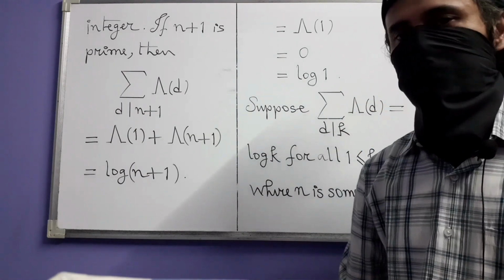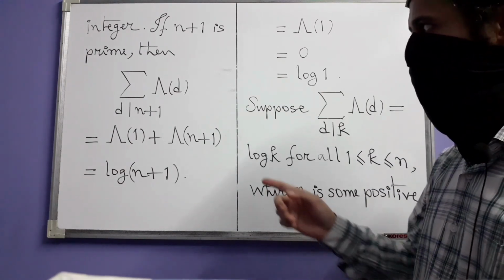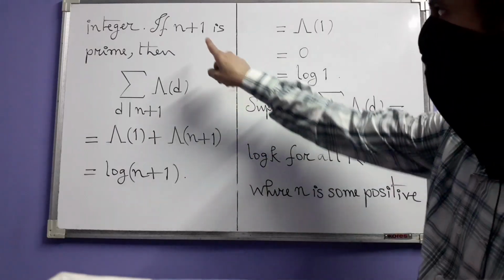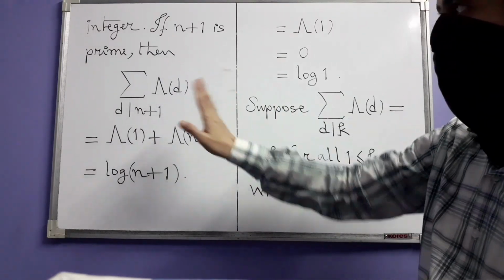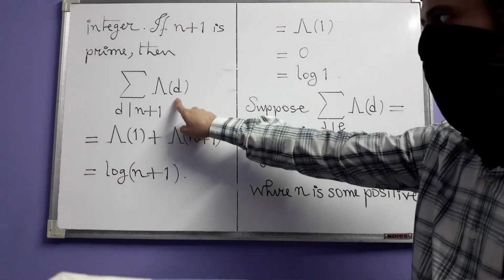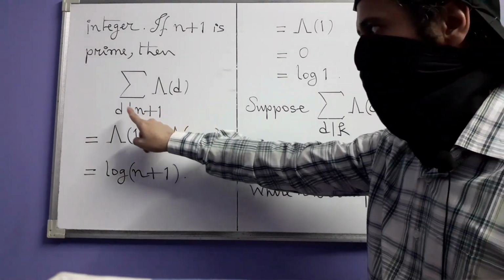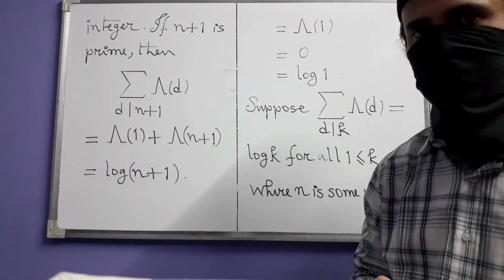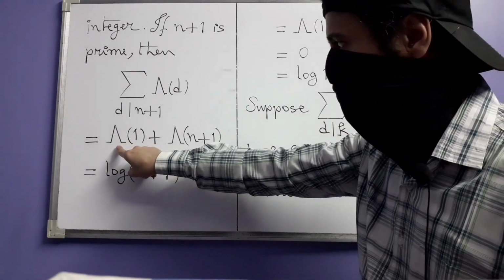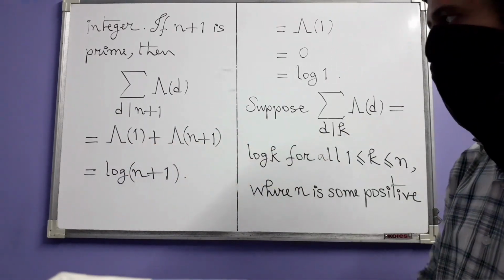Now we go for the induction step, and here also there is an easy case which we can first consider, in which n plus 1 is a prime. If it is a prime, then what will happen to this sum? What are the positive divisors of a prime number? The prime number itself and 1. So you get lambda of 1 plus lambda of n plus 1.